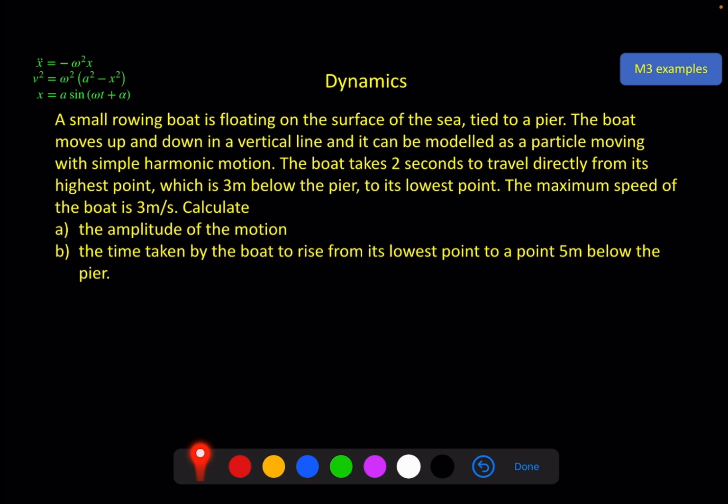Okay, I'm going to draw this out a little bit, because we've got something funny happening. We've got a pier, and then there's water off the pier with a boat on the water. But we're told the highest point is 3 meters below the pier. So if we go down 3 meters from the top of the pier, this is the maximum point, the highest point of the motion.